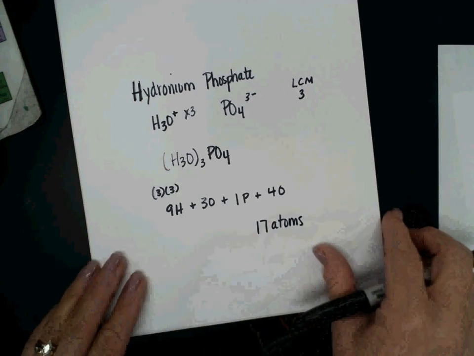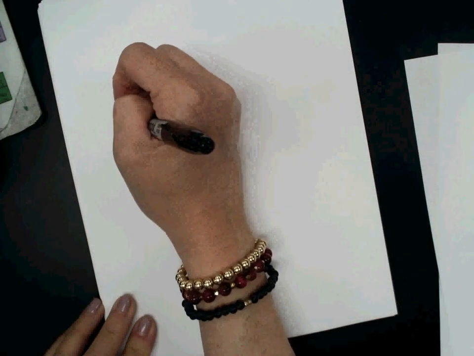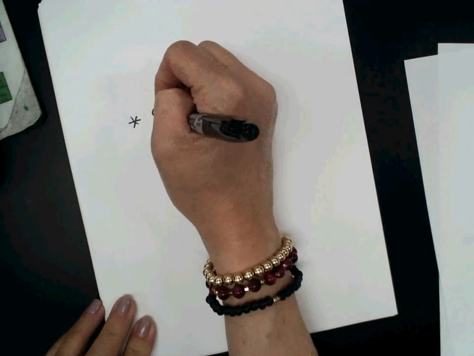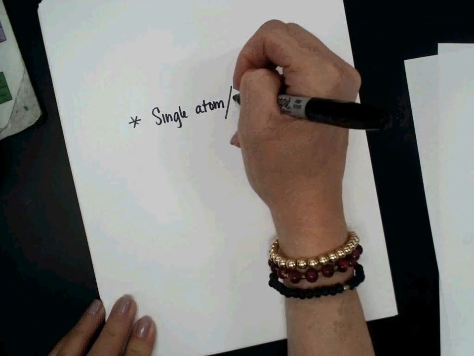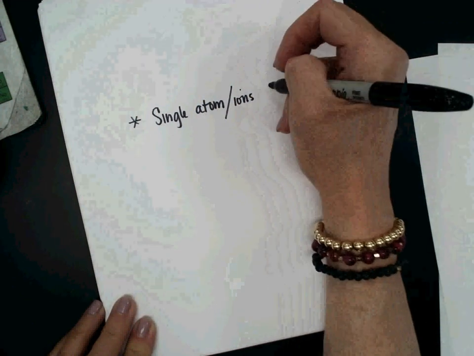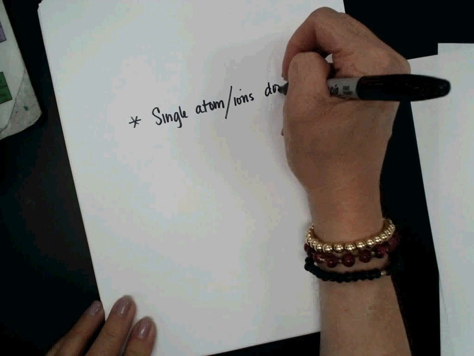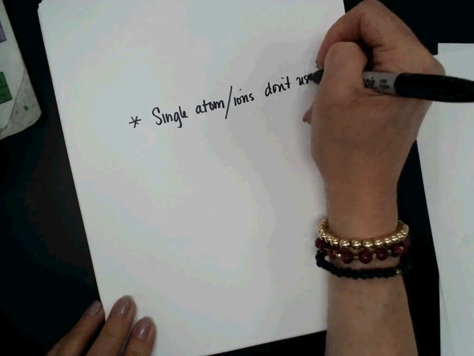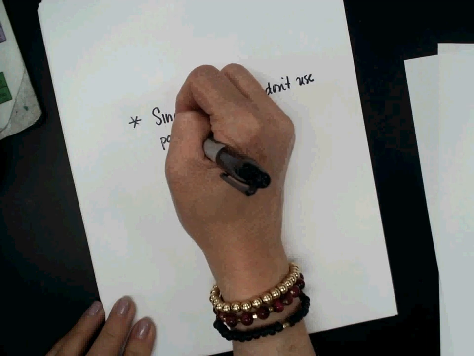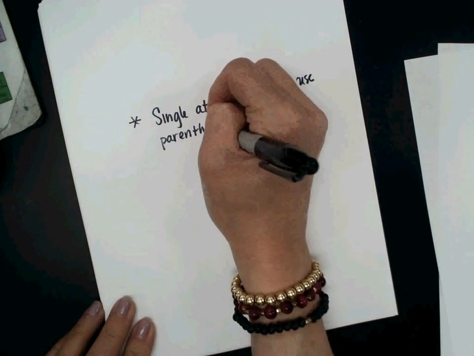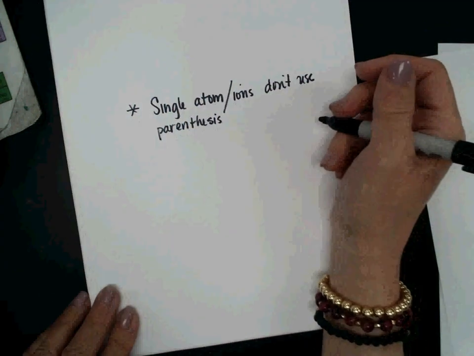Let's try a harder one. No, this isn't really harder. Let's just see how you put it together. Let me tell you this. Single atom ions don't use parentheses.